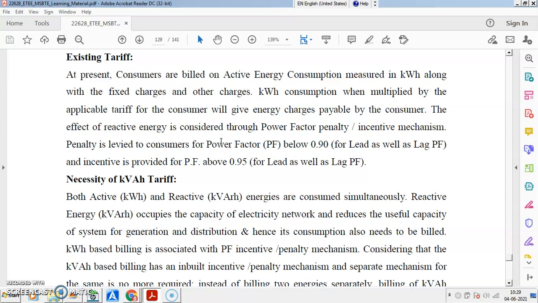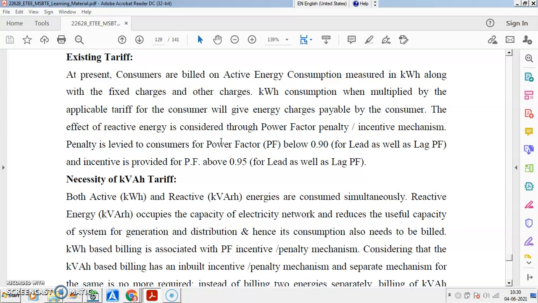But what is the problem with the existing system, and why is there a necessity of the kVAh tariff? Both active and reactive energies are consumed. Active energy is consumed by the consumer to perform work, and reactive energy is generated by the consumer and fed to the grid, so that there is pollution in the grid in terms of power degradation.